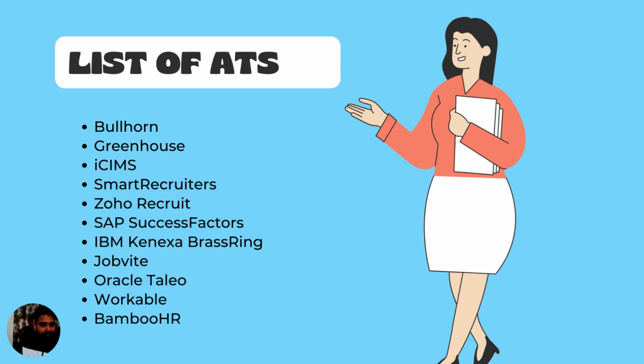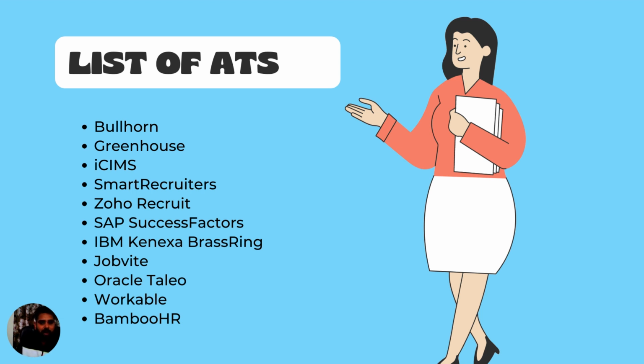Those are used by different staffing companies to track their applicants. And again, the question is, who uses ATS? Recruiters use ATS, and the big companies have their ATS so that they can keep track of the information of their applicants or their submissions.